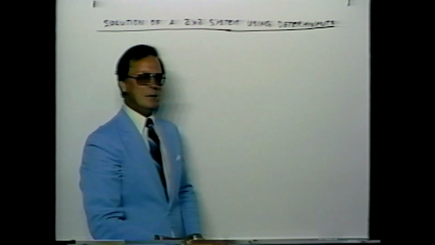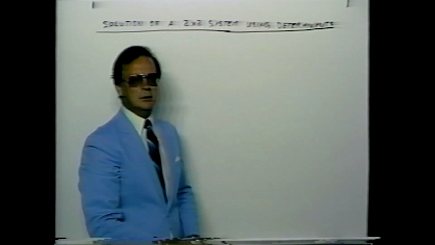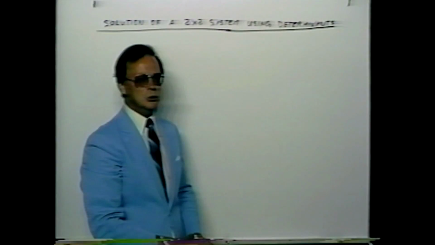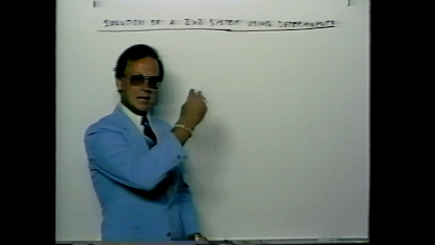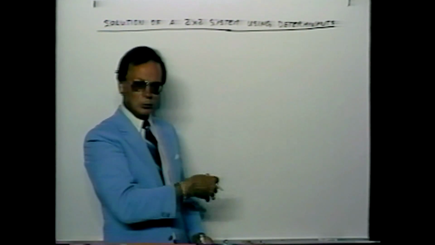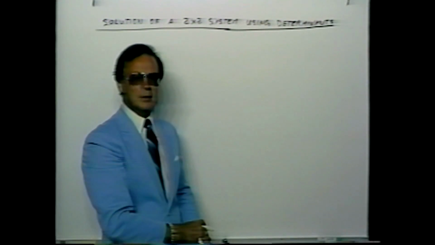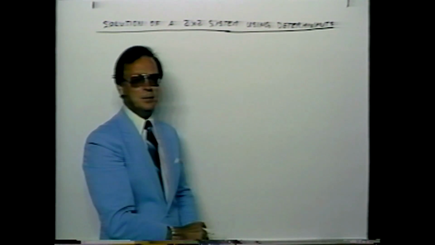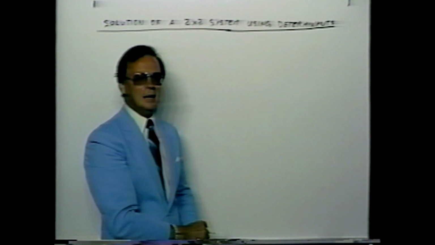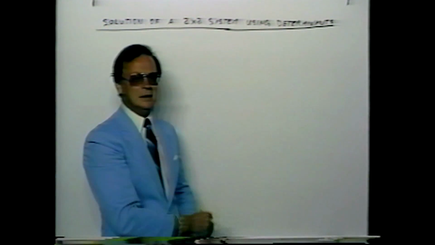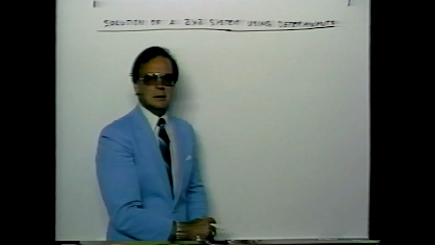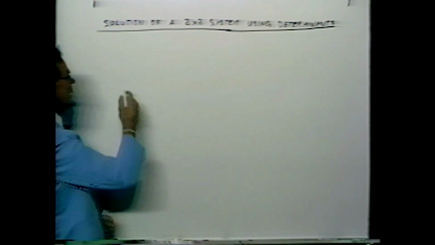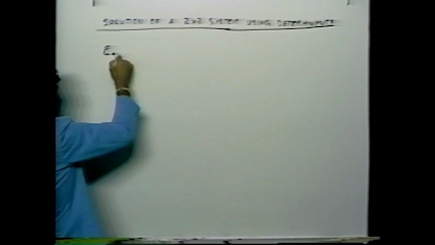The first step is to make sure the terms are in the proper order in preparation of the solution. That is, you must have the x terms one underneath the other, followed by the y terms underneath the other, and finally the equal sign followed by the constants. Let's take an example such as 2x minus 3y equals 4.